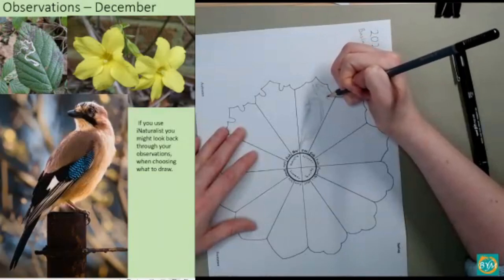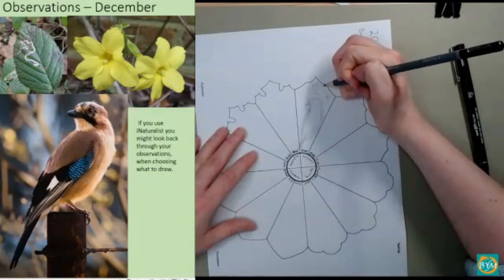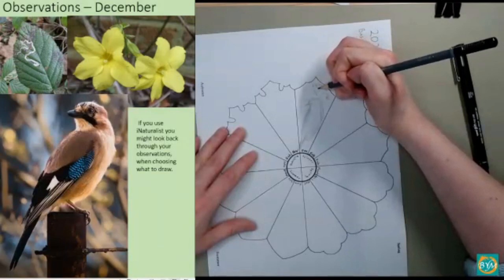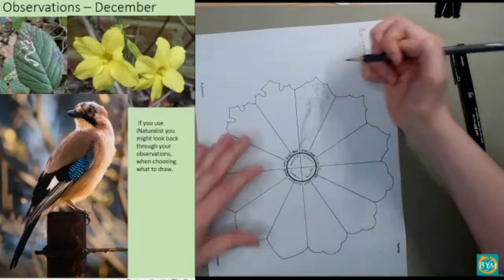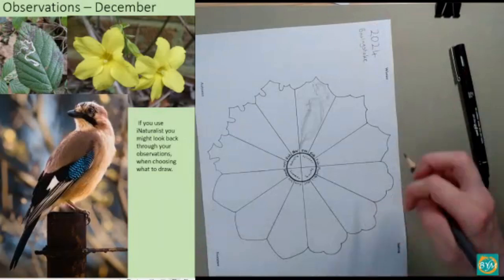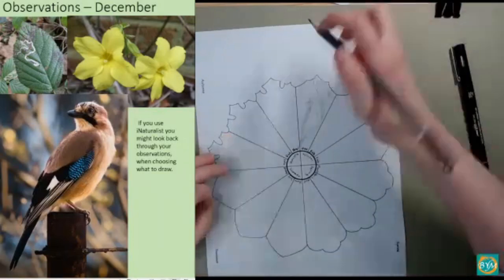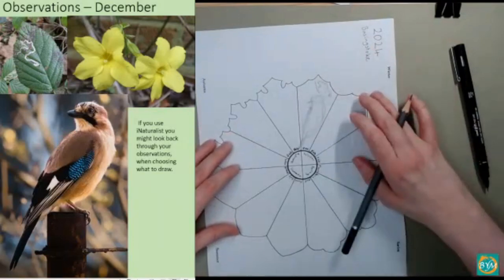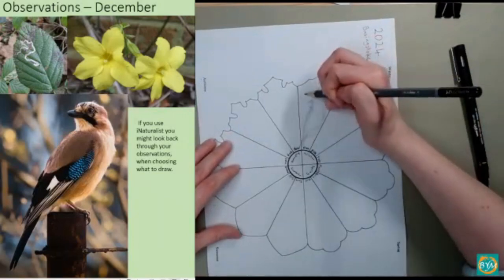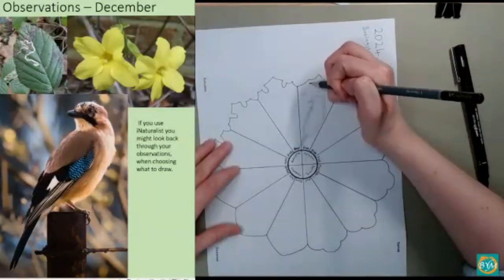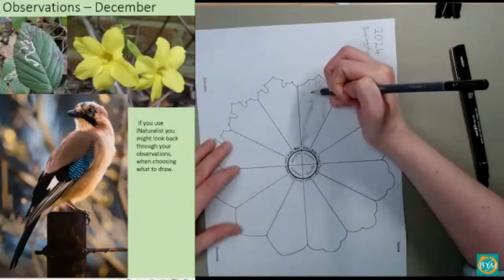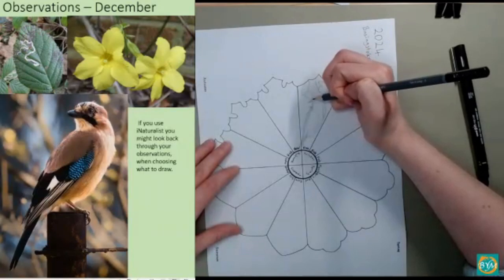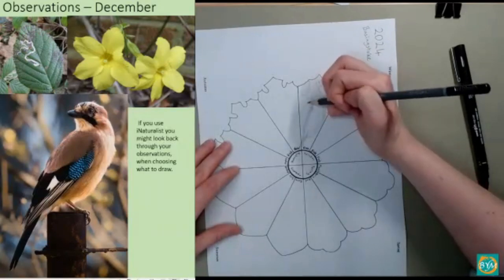And I've forgotten what it is already. There's a tiny little moth. So I can go back to my observation, and I can put in the species as well. I can write that into the box, and then let's put in this lovely winter jasmine. And again, I can have it going off the edge. I'm not too worried about that, and it can go behind my J.